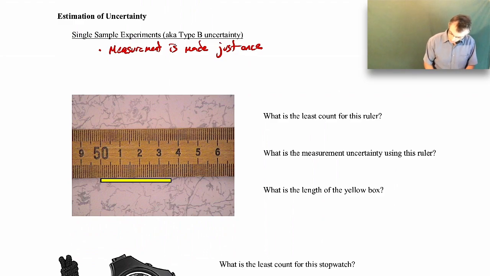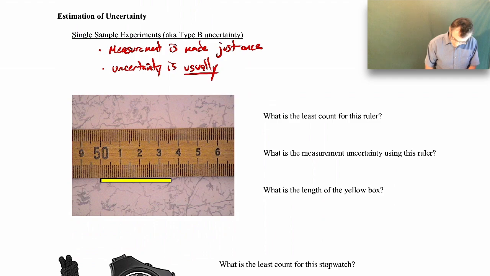Let's just go ahead and make a note of this. So the uncertainty is usually plus or minus 1/2 the least count of the device.